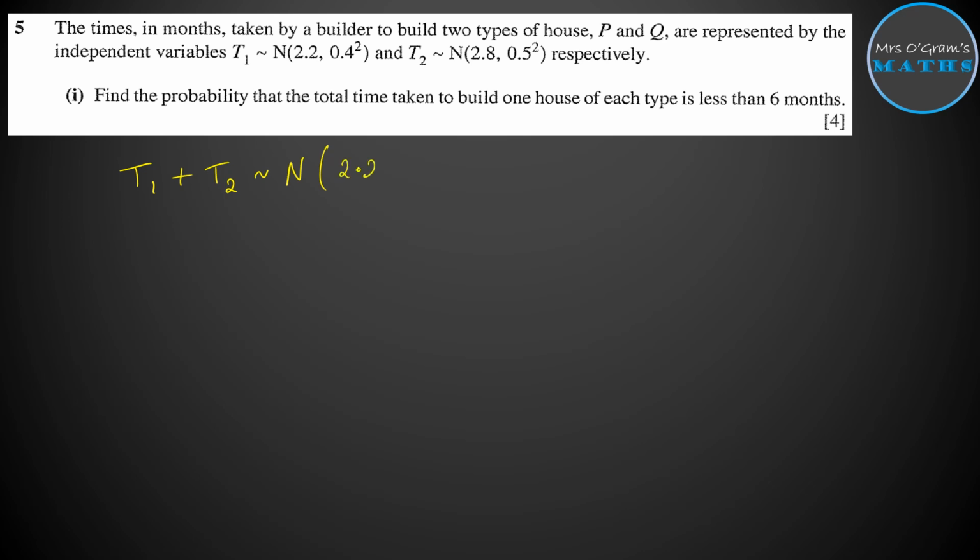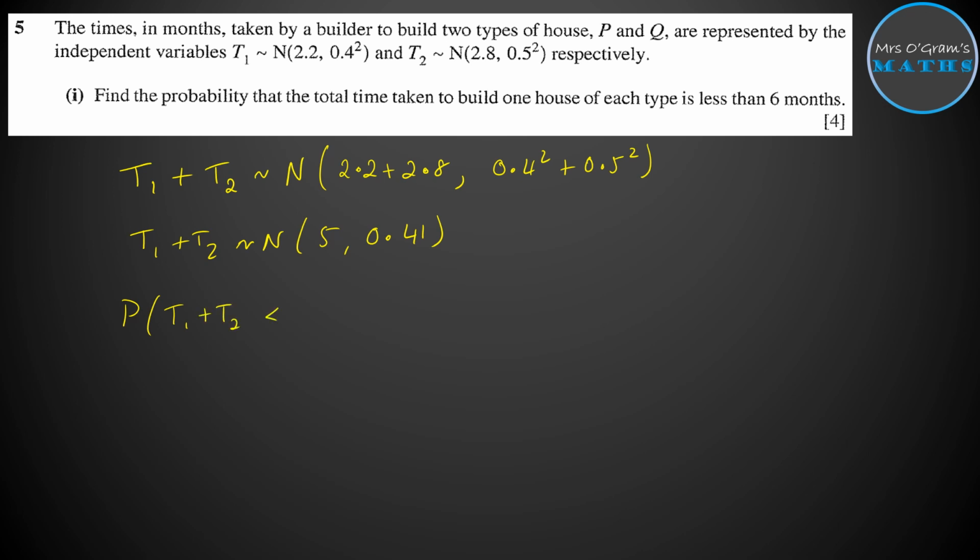So that's 2.2 plus 2.8. And we also add together the variances. So we have T1 plus T2 now follows a normal distribution of 5 and 0.41. We want within that distribution, what's the probability that that total time will come to less than 6?